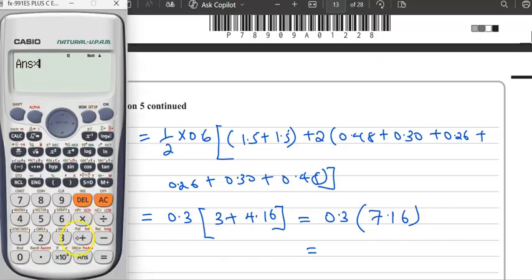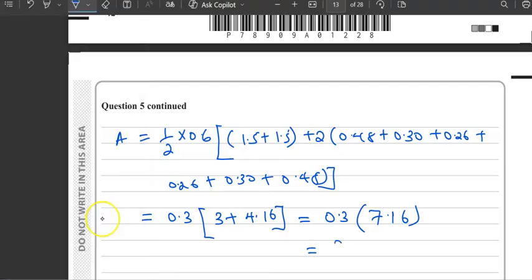And if we multiply that answer by 0.3, your solution here is 2.148, of course not cubic meters but square meters, because we are dealing with the area.